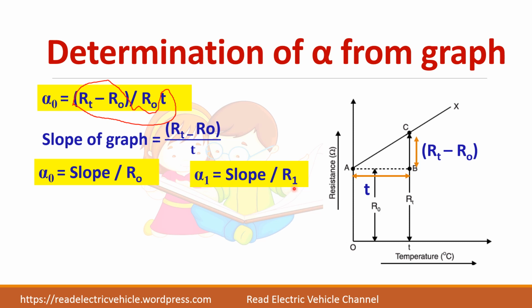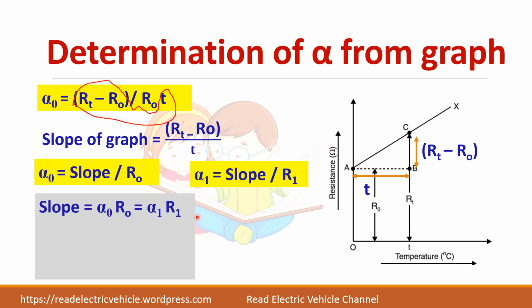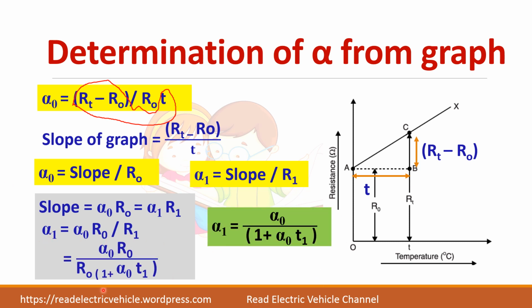Alpha 1 you write R1, alpha naught R0. Now the slope is the same, so equate these two and you will get the relation for alpha 1 and alpha naught. Simplify it, and if you know alpha naught, you can find alpha 1. So this is one of the methods to find the alpha values for any temperature.